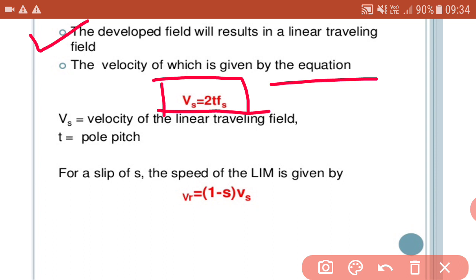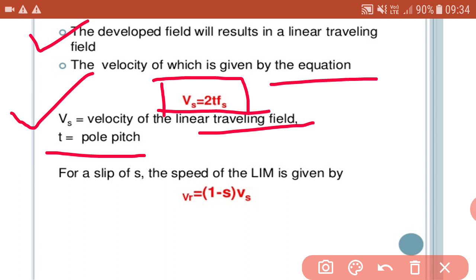So this is the equation for velocity Vs, where Vs is the velocity of the linear traveling field and small t is the pole pitch. So if we know the supply frequency and pole pitch, then we can easily calculate the velocity of the linear traveling field using this formula.